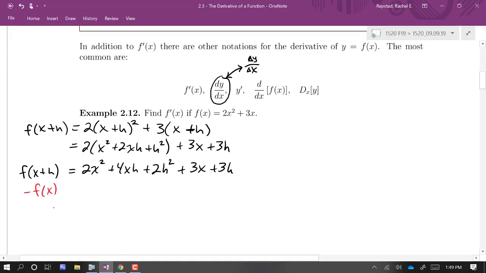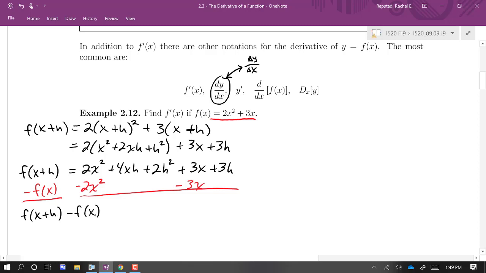If I'm subtracting f of x, that means I'm subtracting 2x squared and subtracting 3x. And so those cancel out nicely, and we're left with 4xh plus 2h squared plus 3h.